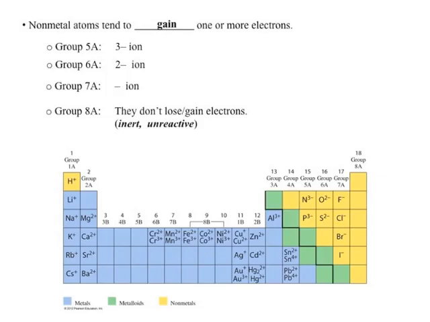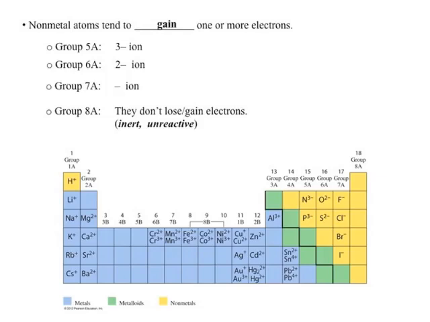So how do you remember this? What is the relationship between the number of electrons gained and the position in the periodic table? This is how you can think about it. Group 5A gains 3 electrons: 5 plus 3 equals 8.